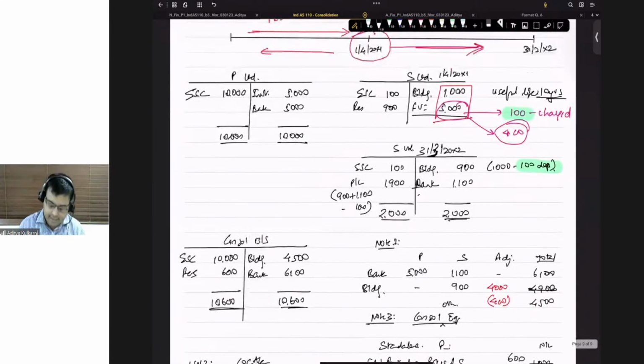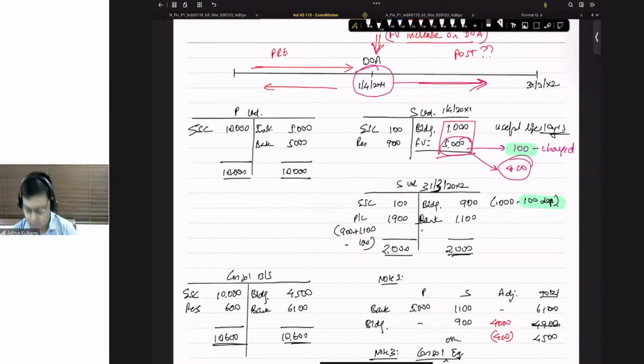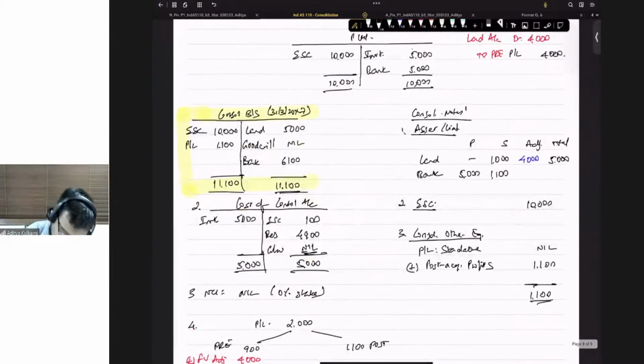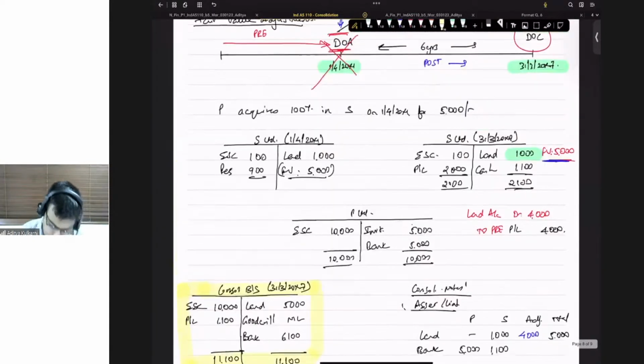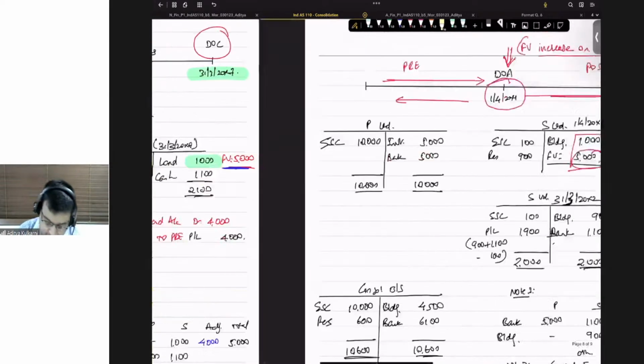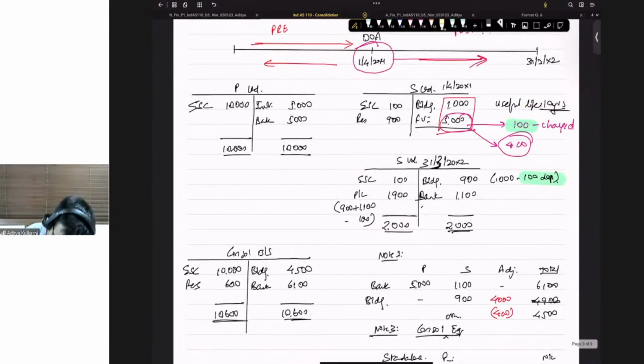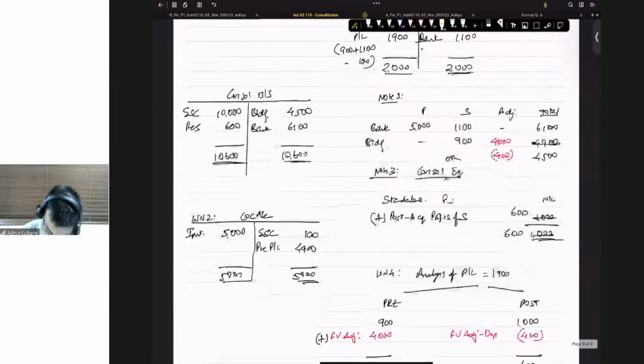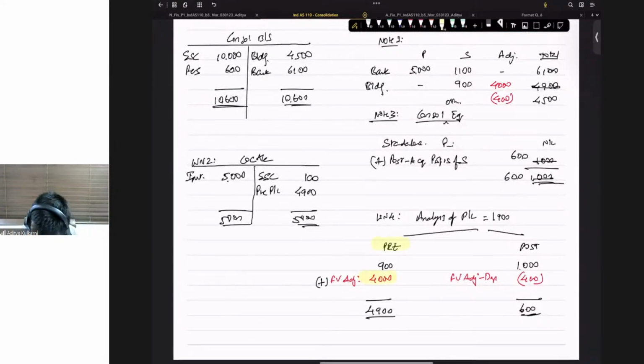Yes. In the earlier example also, see, land movement is taken in pre-acquisition profits. The movement from 1000 to 5000 is taken in pre. The same movement, 1000 to 5000, is also taken in pre only.